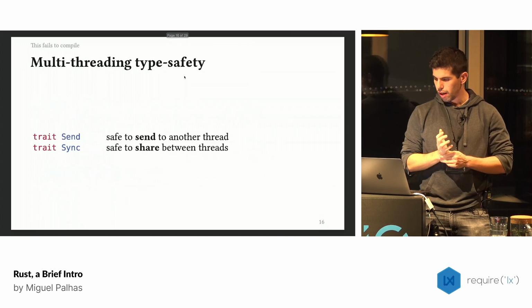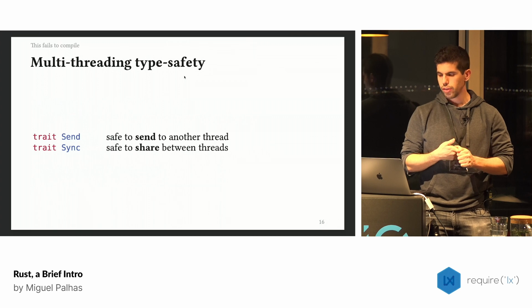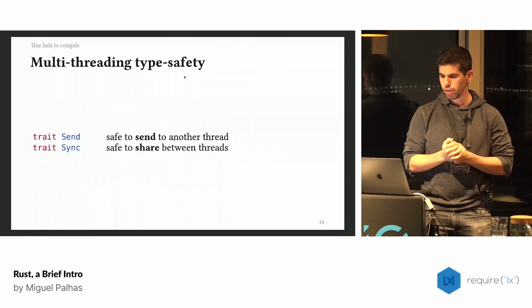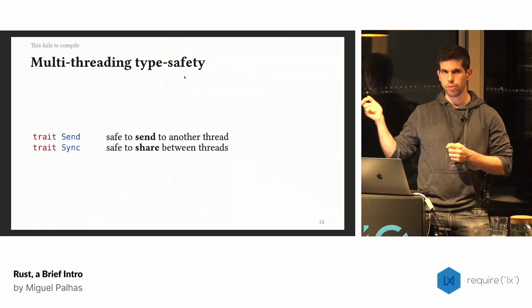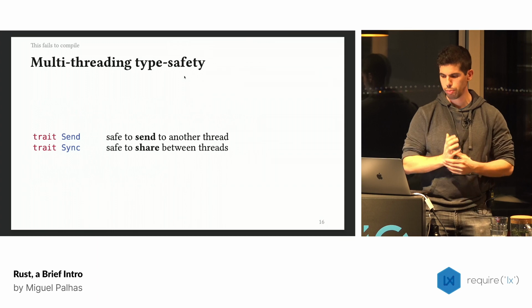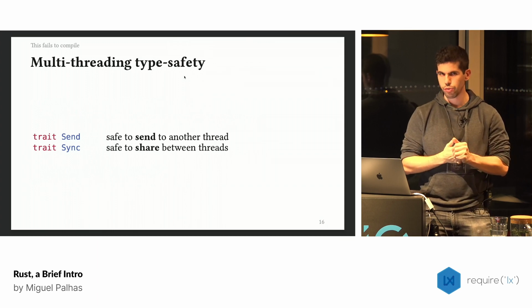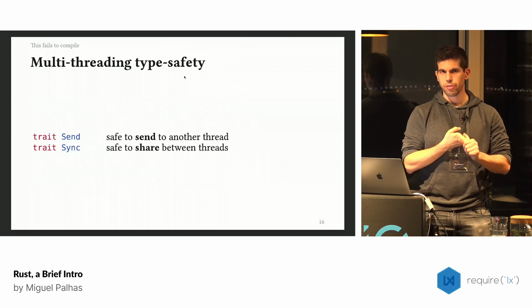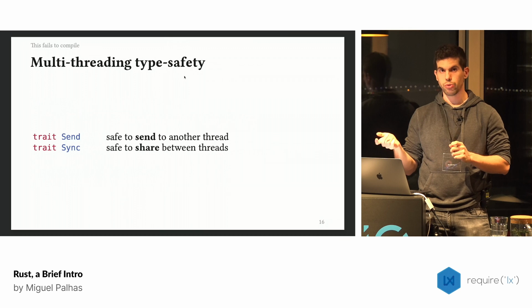And the multi-threading safety and the type safety as well, I guess, is mainly explained by these two traits. A trait is similar to an interface in other OOP languages. This is an oversimplification, but it'll do. So if something implements the Send trait, that means that it's a value that is safe to send to another thread.